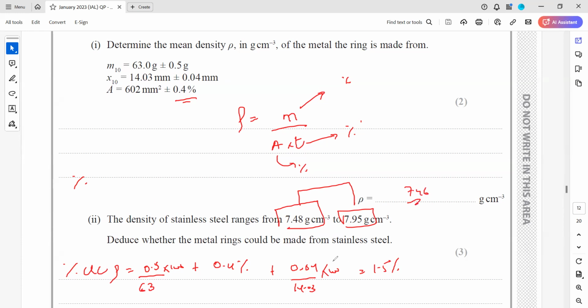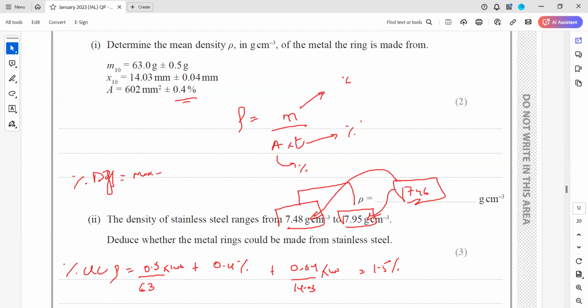We have 7.48, and we can use either one, because we want to compare the difference with the percentage uncertainty in the density we have. We can calculate the percentage difference of our value with the lower limit or the higher limit. Either, but it is closer to the lower limit. That's why we are taking the percentage difference from the lower limit. For the higher limit, obviously we will get a greater value.